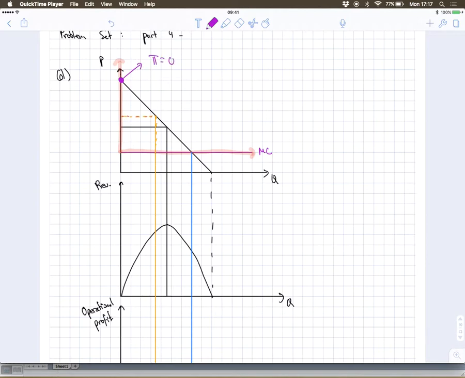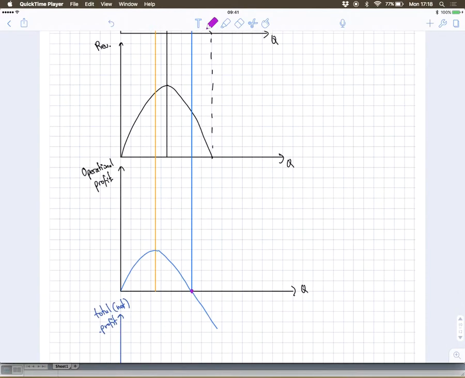Profits are going to be 0. What is your profit going to be at this point here? You're selling at your marginal cost. Your price is equal to marginal cost. You make pizzas, they cost you 5, you sell them for 5. How much profit are you going to make? 0. So now the point of symmetry changes. Now you're making profit of 0 here and profit of 0 here, and that's a symmetric thing. That's why that has to shift.